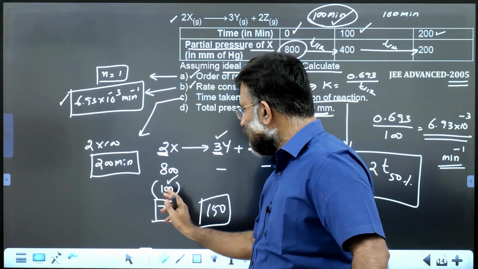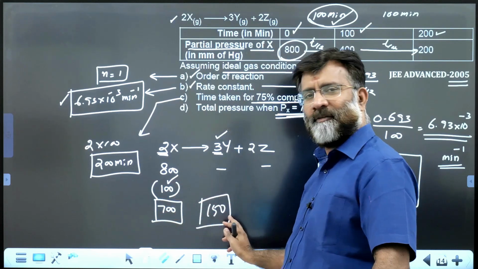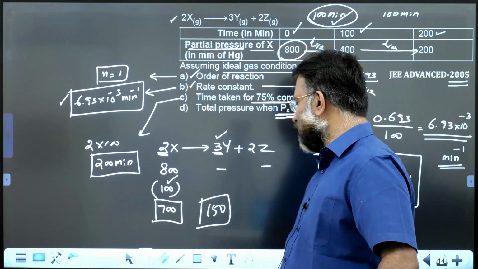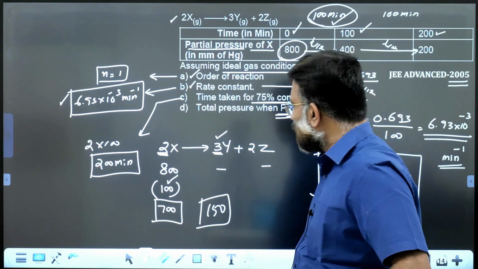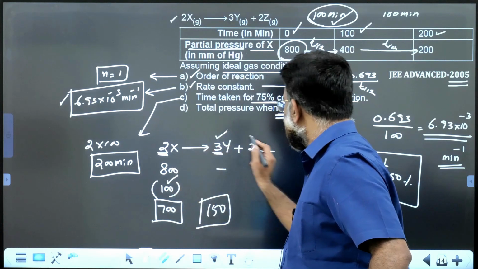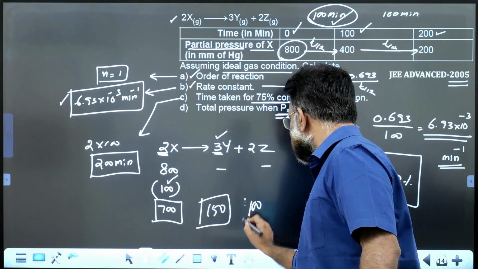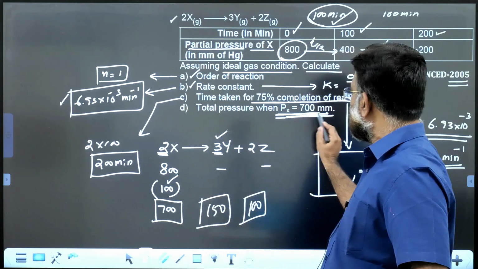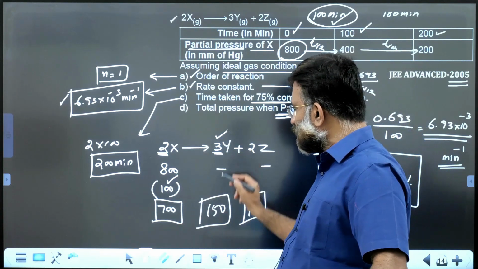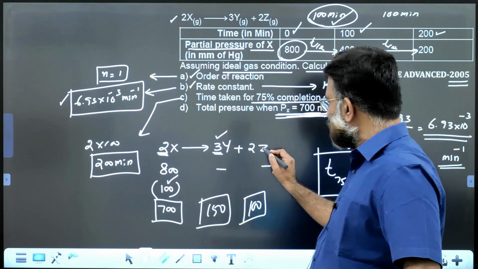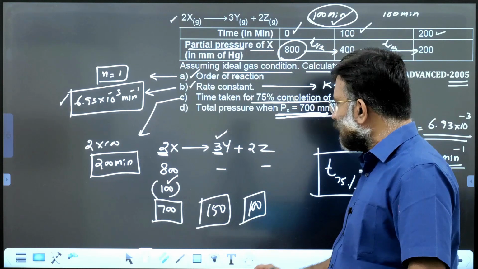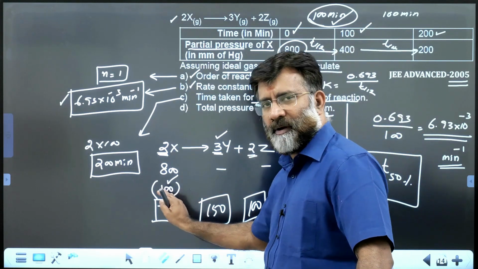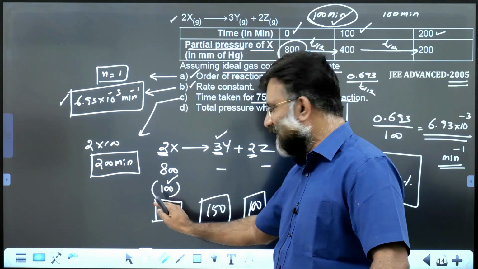Now how much is Z forming? 100 is reacting and here it will be 100, because 2 moles give 2 moles. So the pressure contribution of X is 700, Y formed is 150, and Z formed is 100.